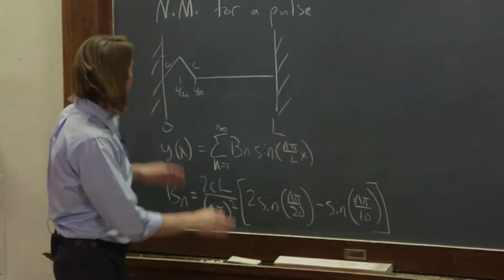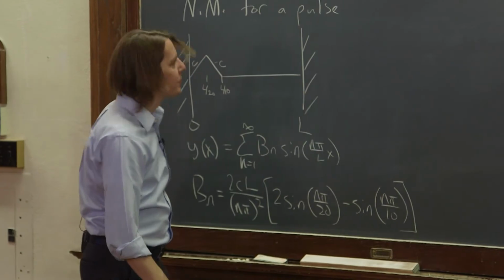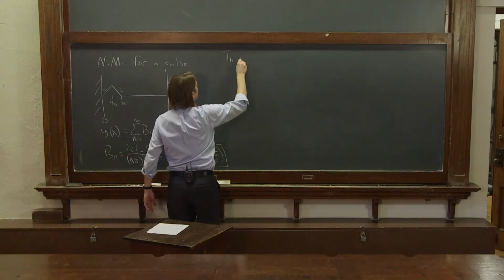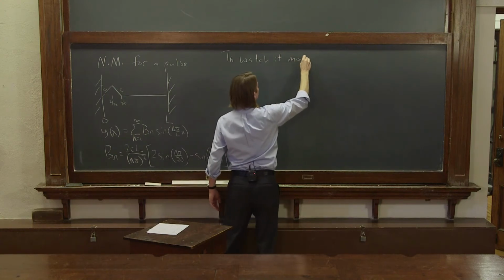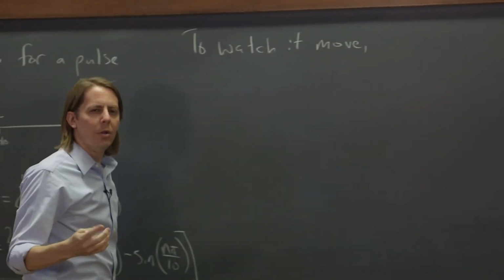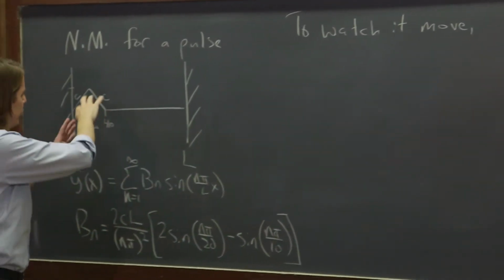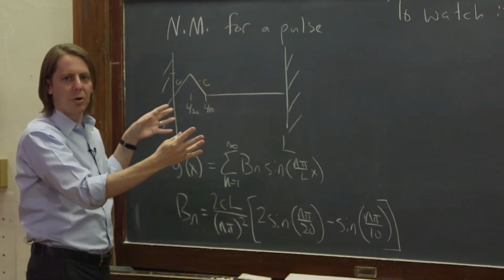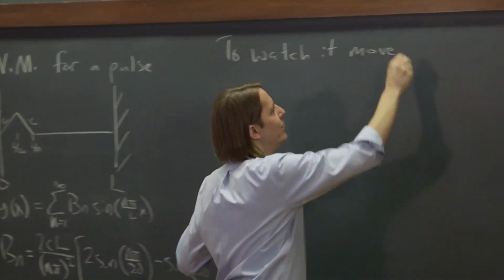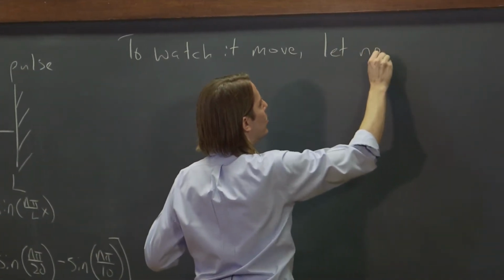So we want to see this pulse move. So to watch it move, what are we going to do? Well, the simple thing might be to say, if those are the normal modes that make the pulse, maybe just let the normal modes go, right?